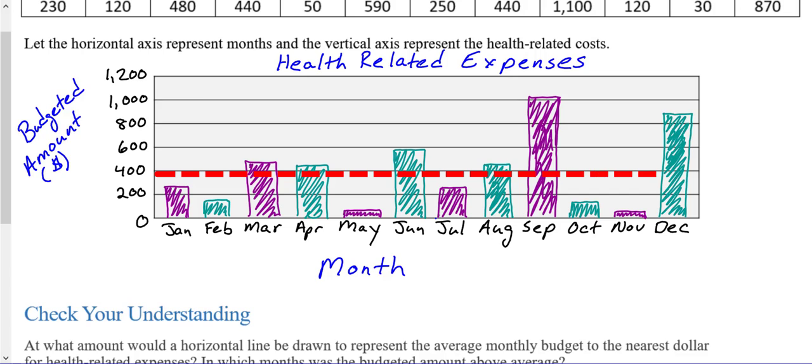And that is where we would have our average monthly expense.